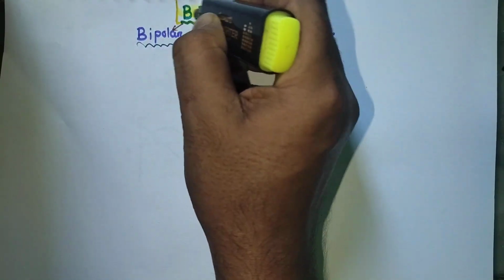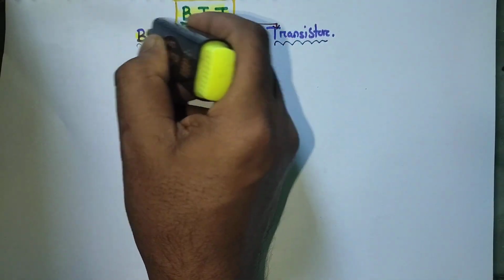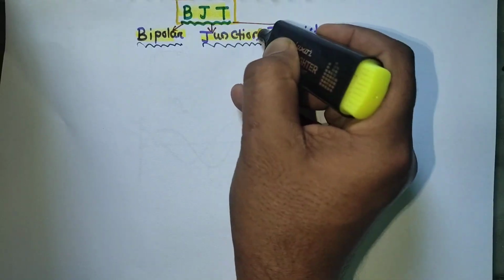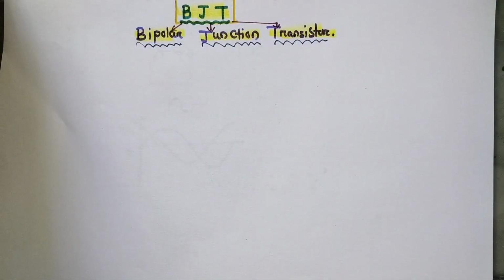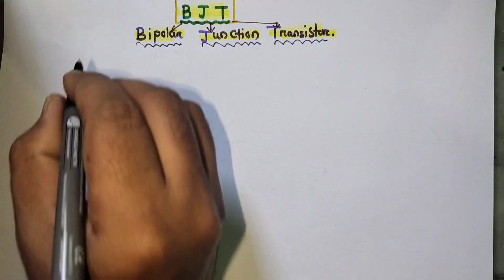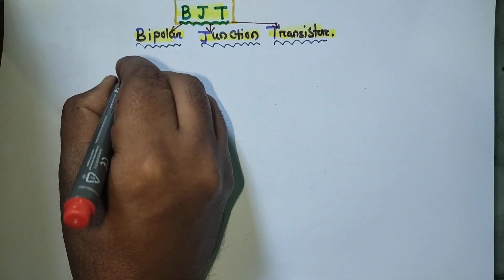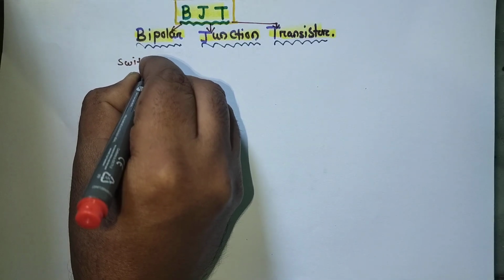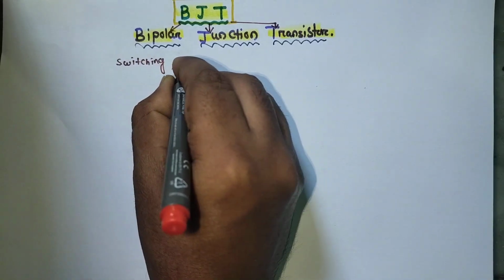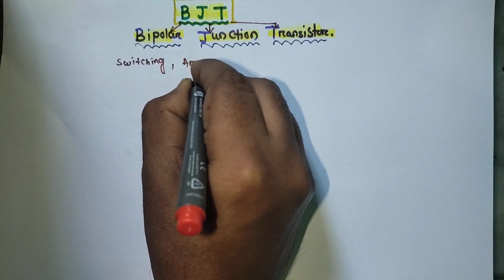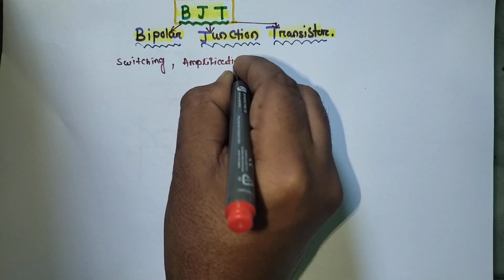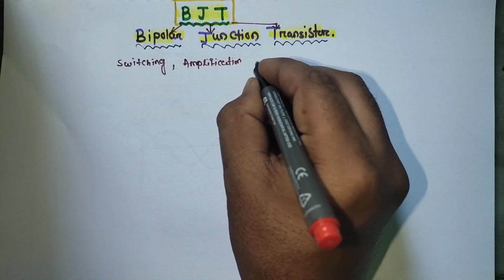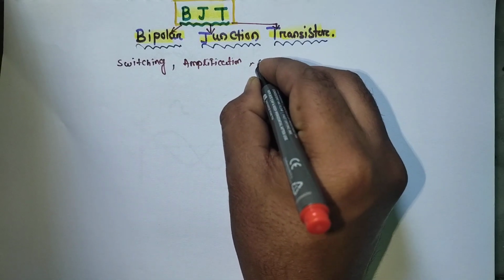BJT stands for bipolar junction transistor. Basically, BJT is used for switching, amplification, and current control.